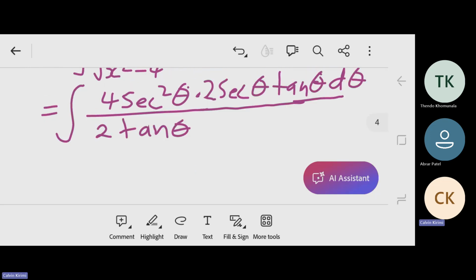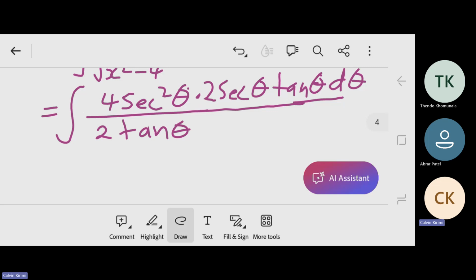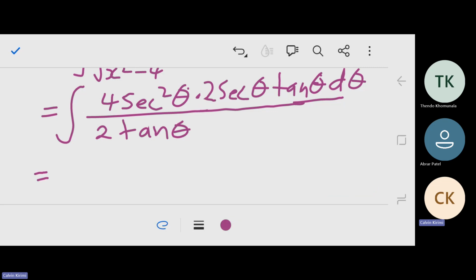So instead of having this one, now we come and say it's equal to the integral of 4. So the 2 and the 2 will cancel. Tan and tan cancel. So you'll be left with 4 secant cubed theta.